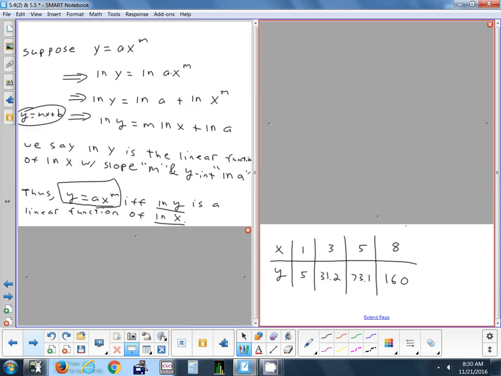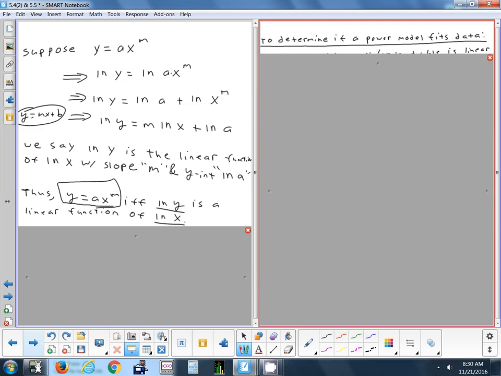And that table is purely just to test if I should be using a power function. Once I know whether or not I should use a power function, I can throw that table away. I don't need it. The only thing I need it for is to find out if I should be using a power model. So take all your data points, find the natural log of all of them, which we can do pretty quick on the calculator.